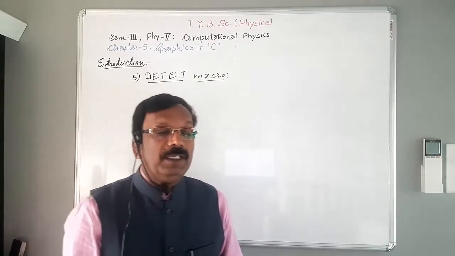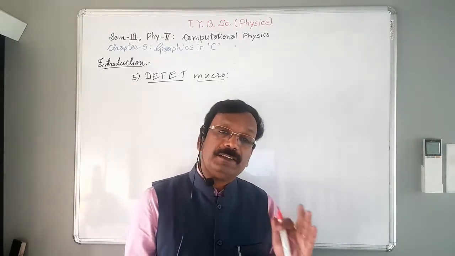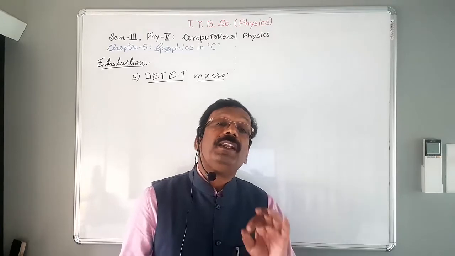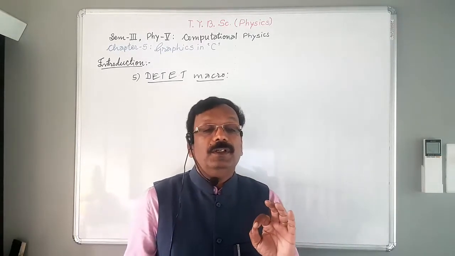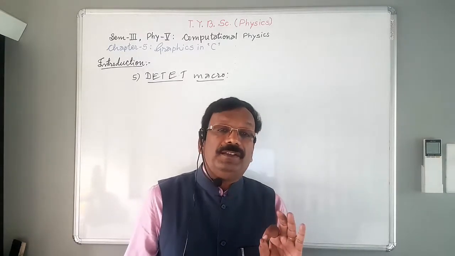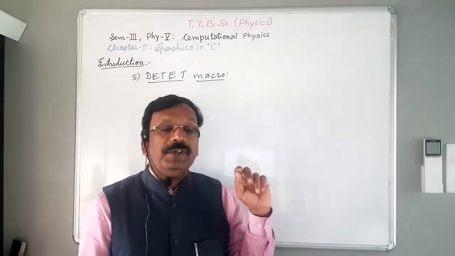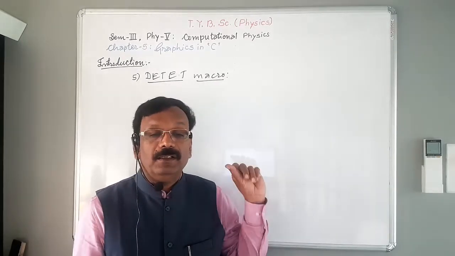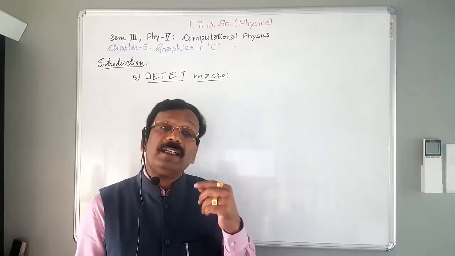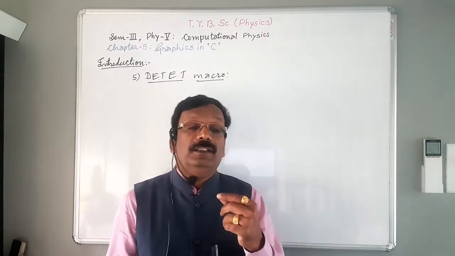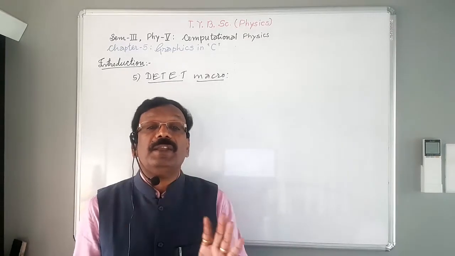Detect macro is a predefined macro which selects the appropriate graphic driver. Its meaning is already defined to the compiler, and we select the appropriate graphic driver. It tells the compiler what graphic driver to use, or to automatically detect the driver.